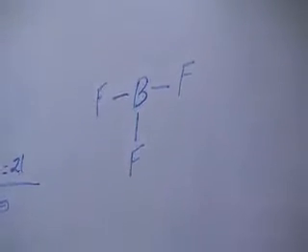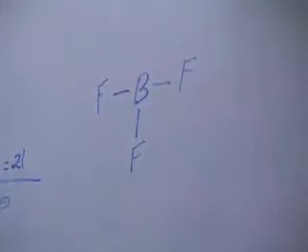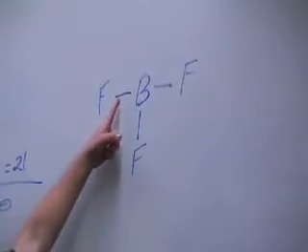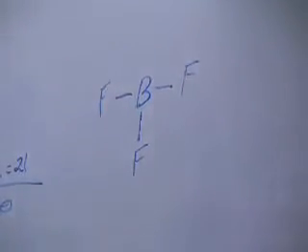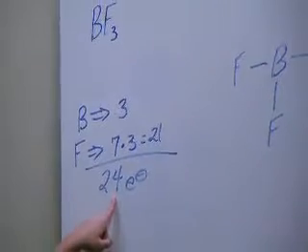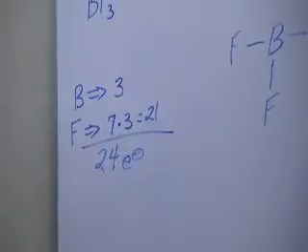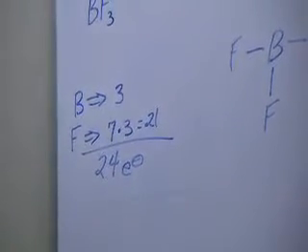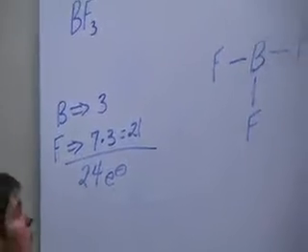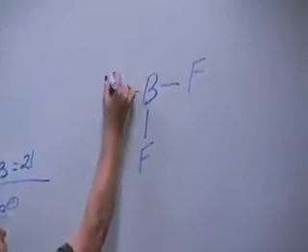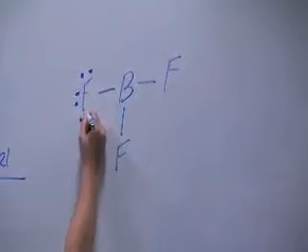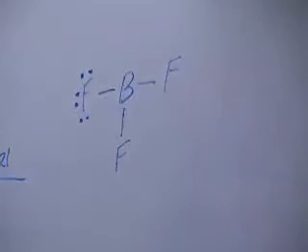So there's your skeletal structure. By doing this, we've taken care of 2, 4, 6 electrons, but we need to take care of more than that. So what happens to all the extra electrons? They go on the fluorines, the terminal atoms, to satisfy the octet, and we place them as lone pair electrons.